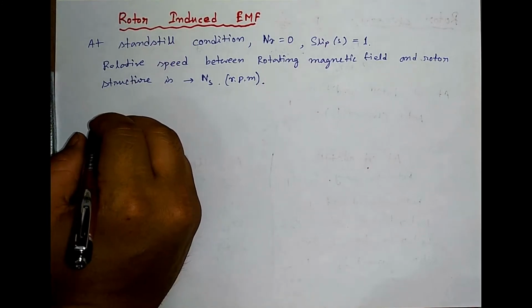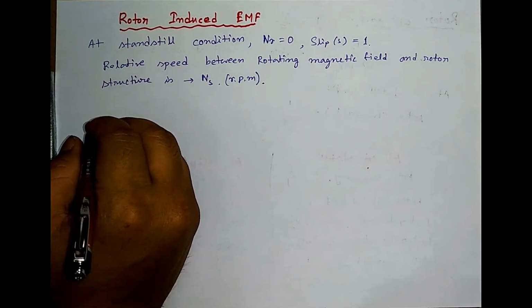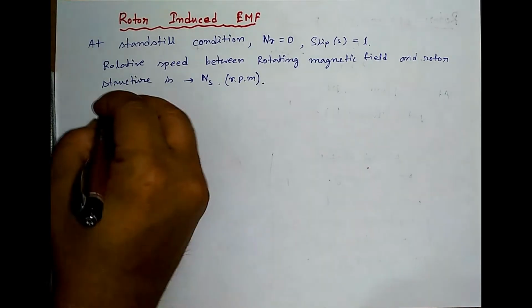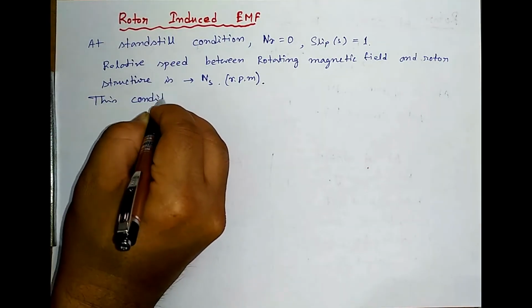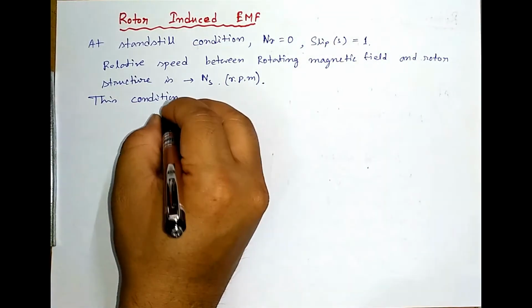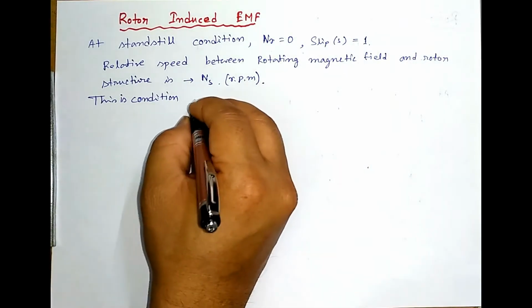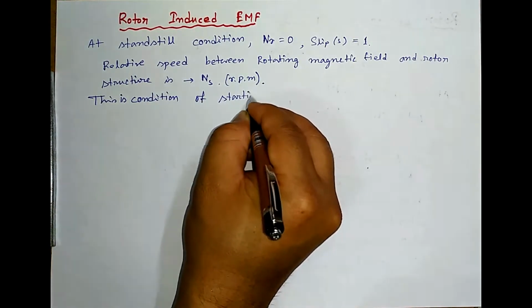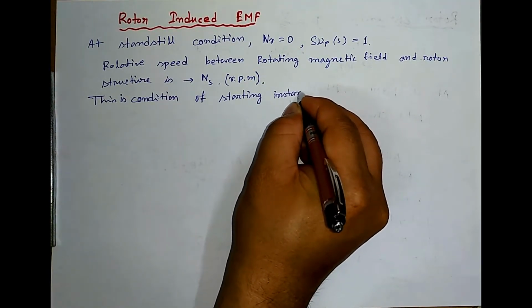The relative speed is maximum at standstill, when the rotor speed is 0. This is the condition of the starting instant.